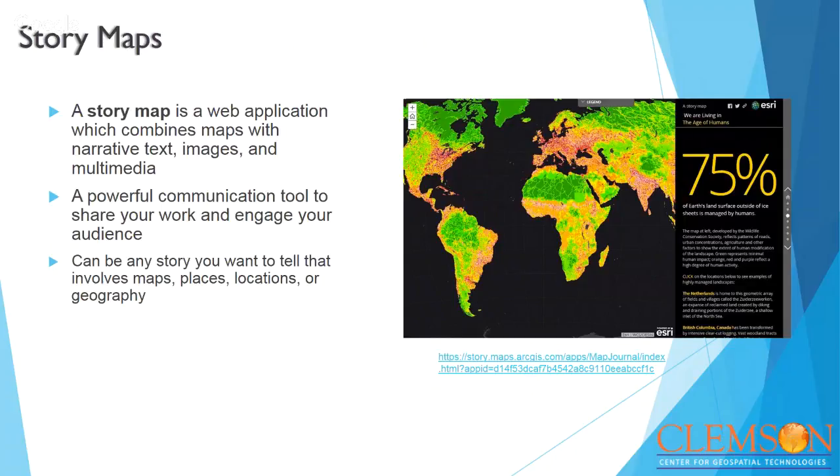What differentiates it from something somewhat similar like Adobe Spark is that here the stories are generally linked to geography or location in some way and really use the map as a storytelling device. We'll take a look at some examples in just a minute.